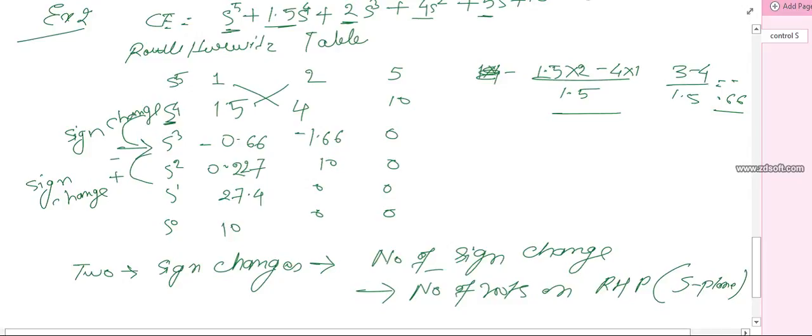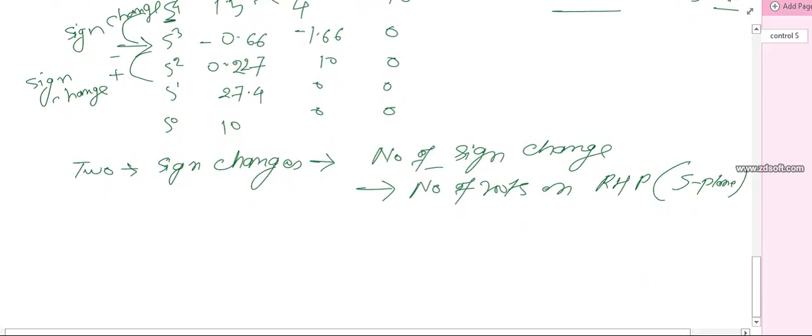I think you know about the S plane. The S plane is just this one. This is the real axis and this is your j omega axis. So this is your S plane.